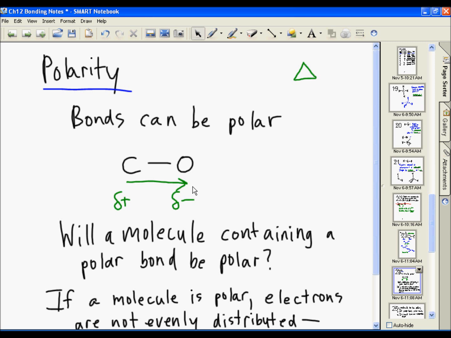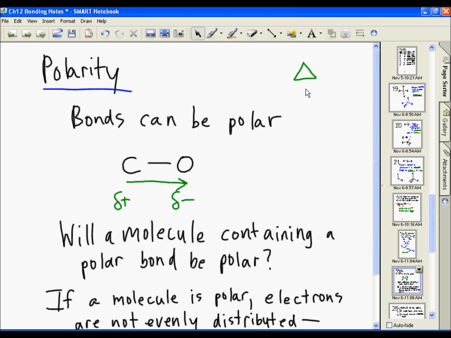The arrow is called a dipole moment, and it represents the movement of electrons toward the oxygen. I've also got a little squiggly with a plus sign below the carbon and a little squiggly with a negative sign below the oxygen. The little squiggly symbol is a delta. And in science, the Greek letter delta means difference or change.